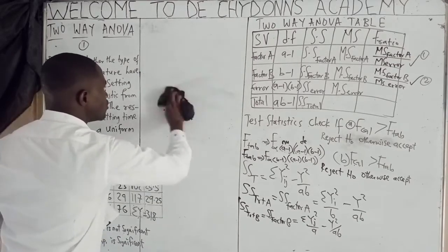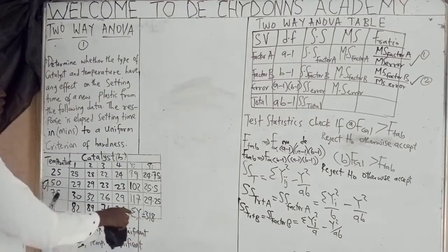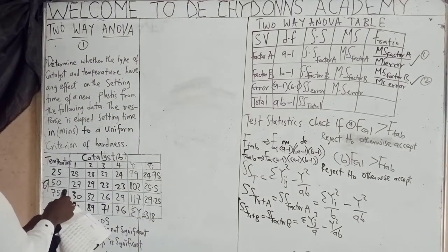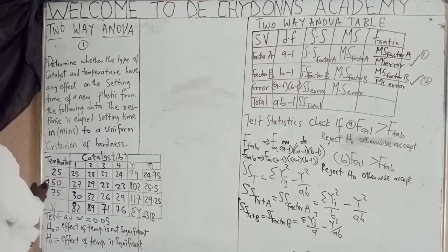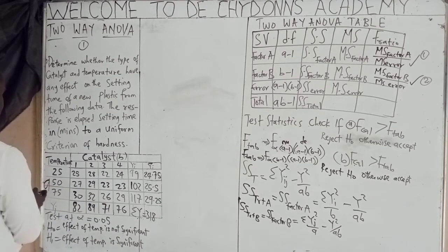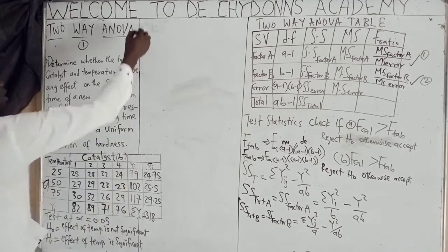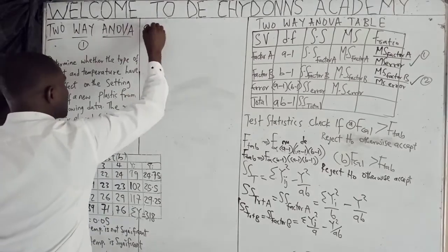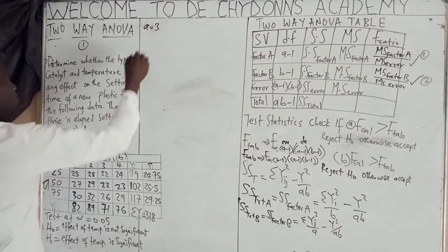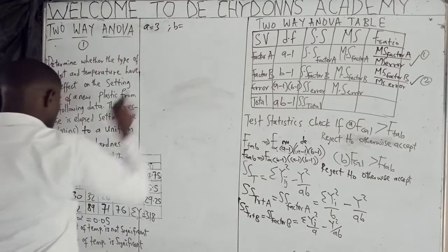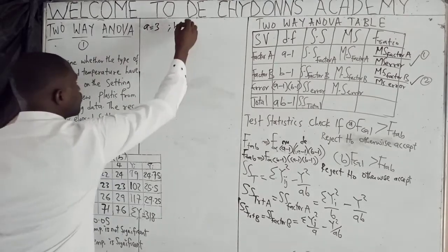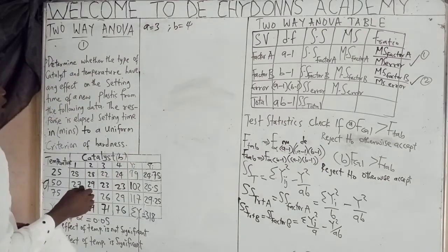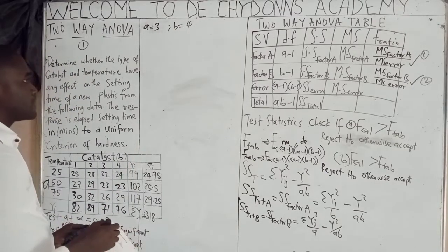After you have gotten this, this a we write here is telling us that a is equal to 3, then b is equal to 4. We have gotten our a and our b.